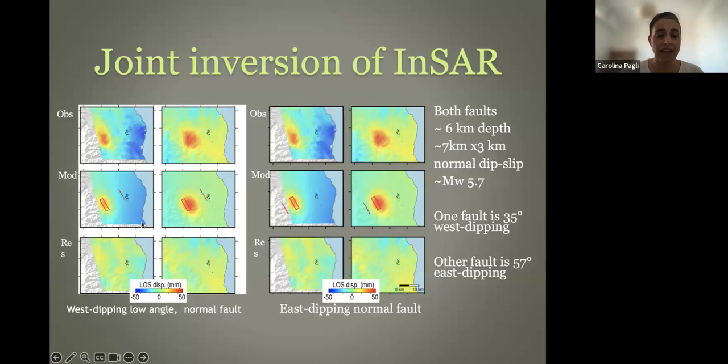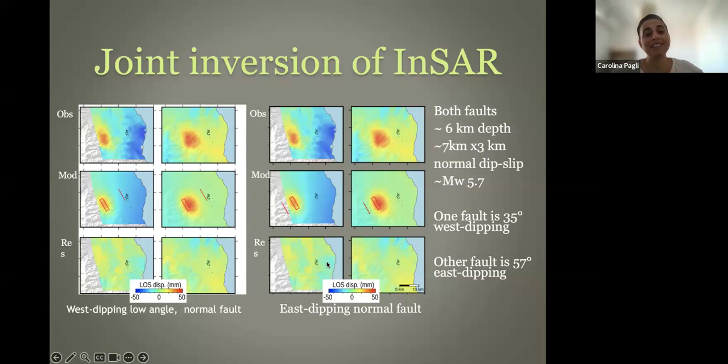It's a low angle normal fault, west dipping. And the dashed line is where this fault encounters the surface. Because it's a low angle normal fault, obviously it will go fairly east. And instead, this other model is the best fit model, assuming an east dipping normal fault. This time it is not a low angle normal fault.